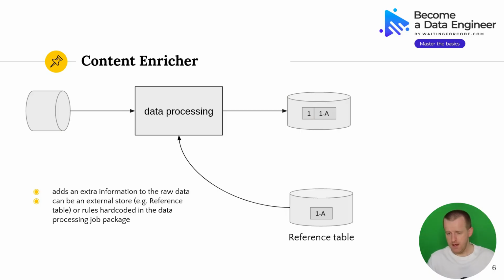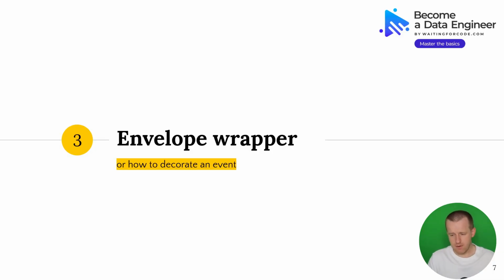The third pattern is the envelope wrapper, and here the idea is to decorate the event. Here too you saw this pattern in action in the previous module in the lesson about metadata, because remember we added there a metadata structure inside our event.